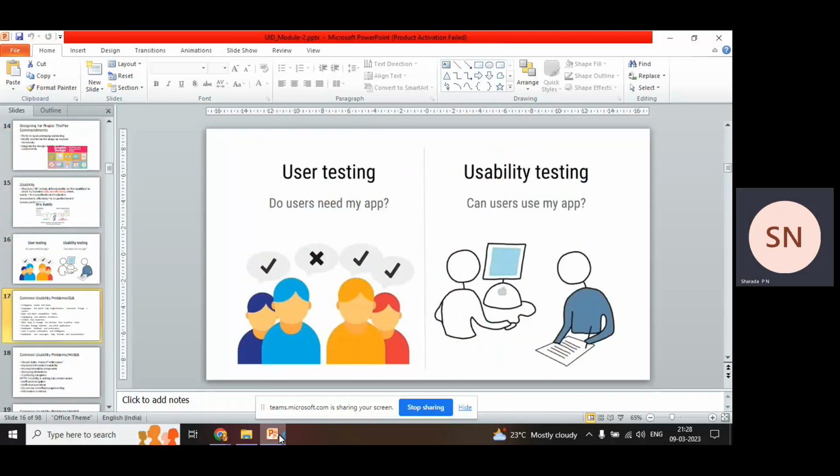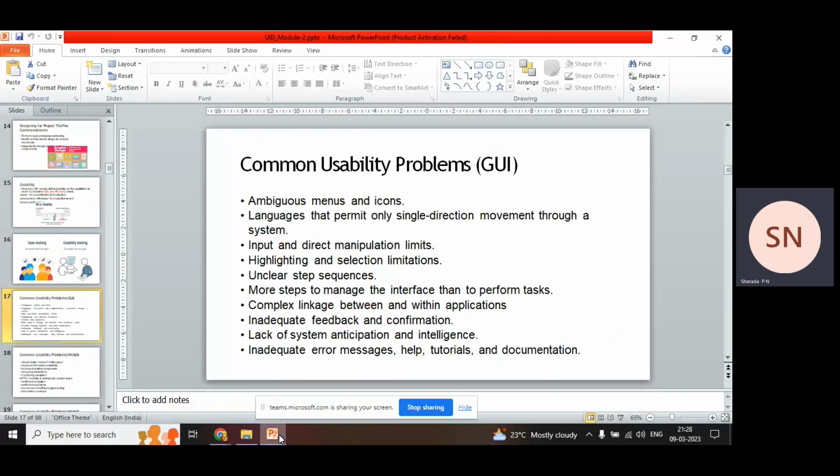So next we can address the common usability problems in the case of GUI. Mandel lists some of the 10 most common usability problems in graphical systems as reported by IBM usability specialists.